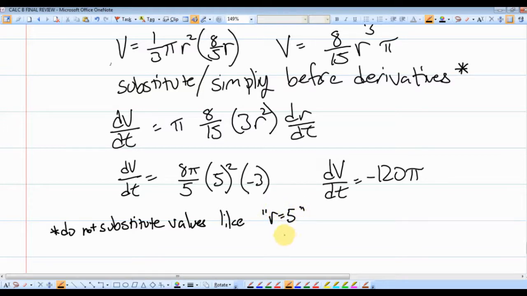Don't substitute those in. Substitute secondary equations. Unless, of course, the variable is constant.